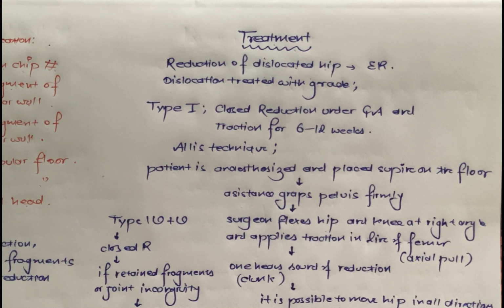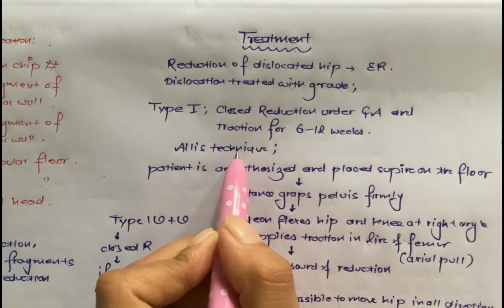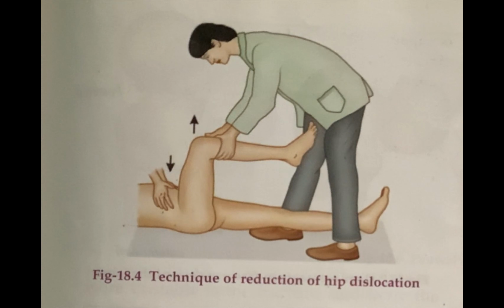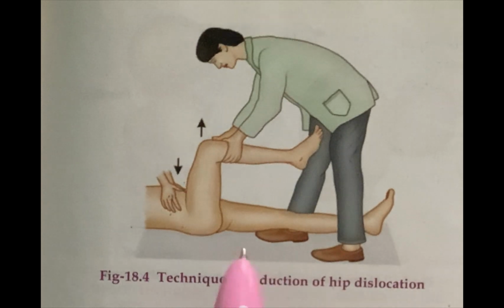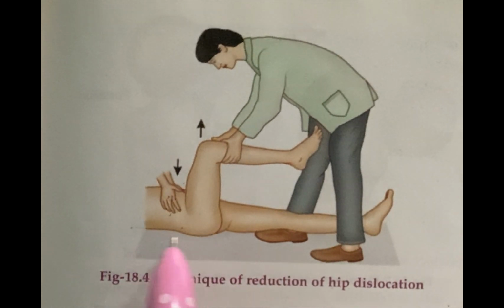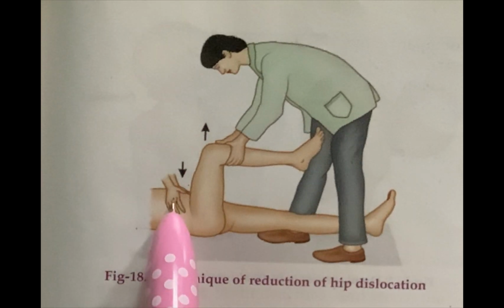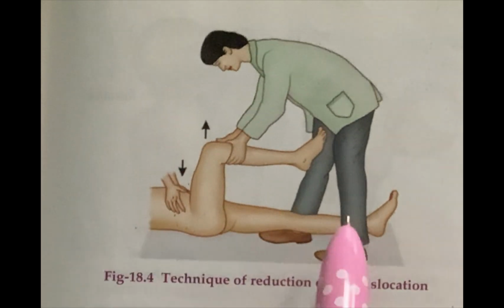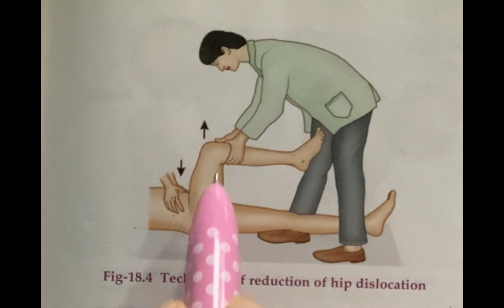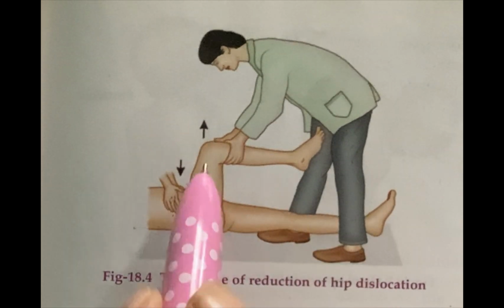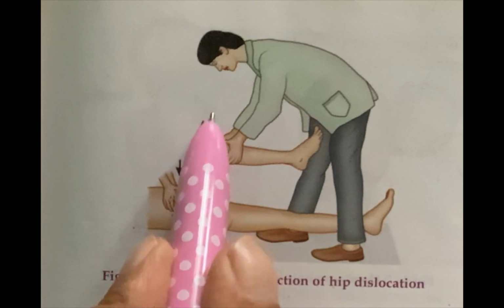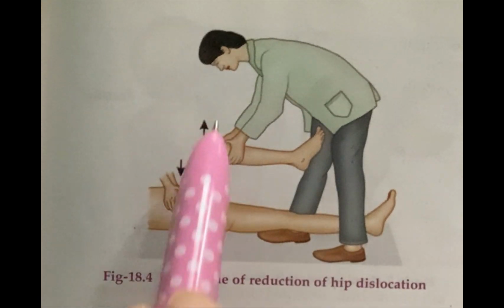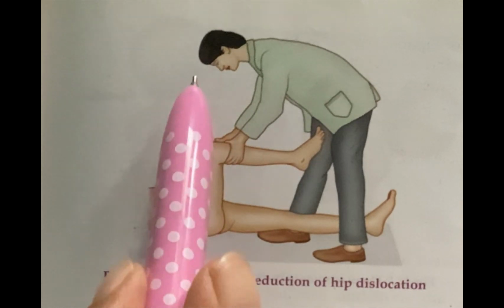So now let's talk about the technique of closed reduction, that is the Ellis technique. Now let's look at this figure. This figure is showing the Ellis technique for reduction of hip dislocation. First of all, the patient is anesthetized and placed supine on the floor, and the assistant grabs the pelvis firmly. The surgeon flexes the hip and knee to a right angle and applies traction in the line of the femur, that is axial pull.